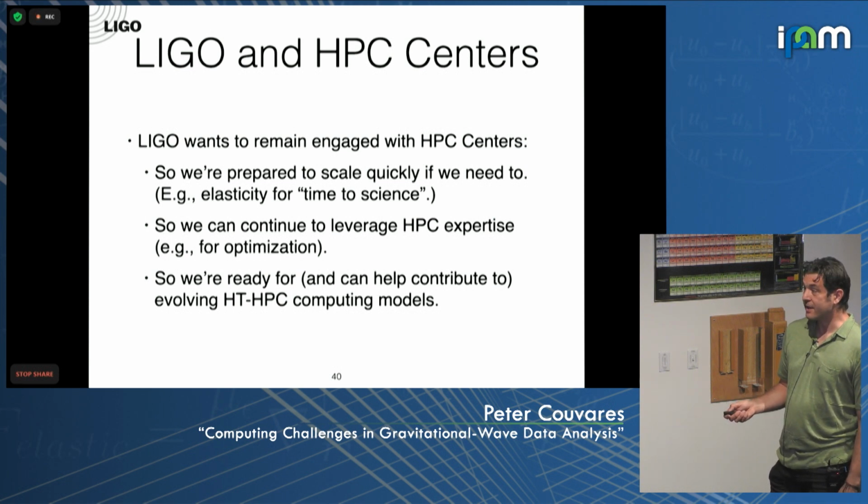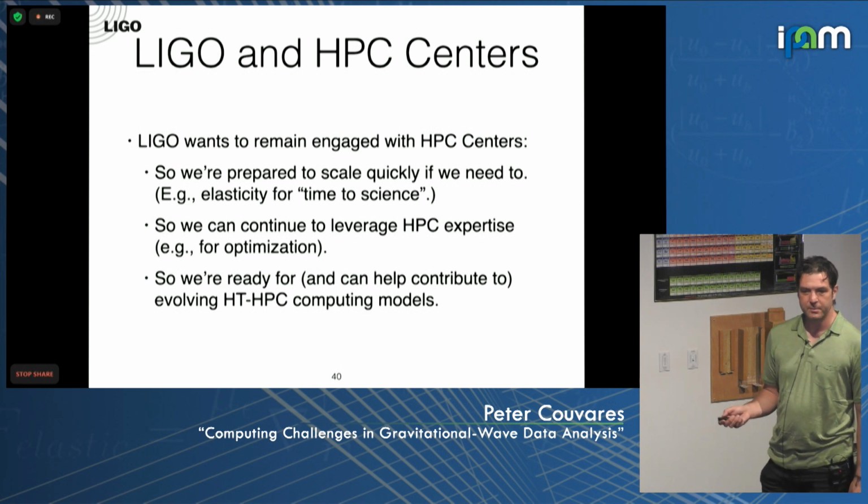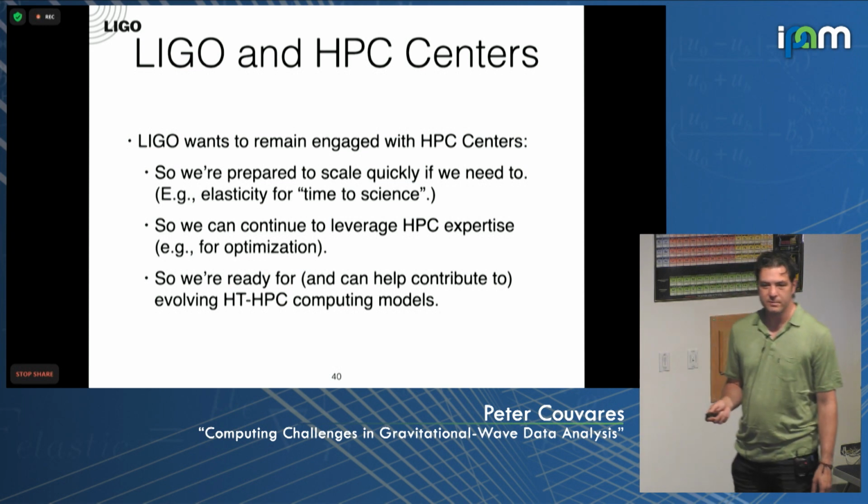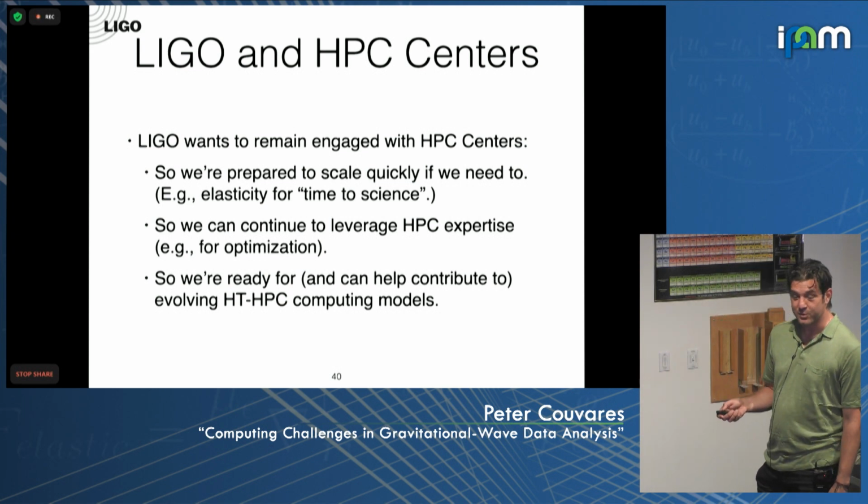We want to leverage a lot of expertise at high performance computing centers that really doesn't exist anywhere else, particularly for code optimization. XSEDE employs a small army of people who know how to optimize code better than most individual scientists. And I have a lot of good stories about that too, because as you all know, physicists are famous for thinking they can do things better than other people. How hard can it be?